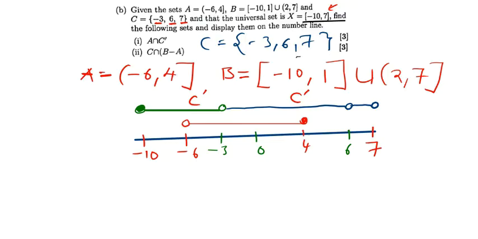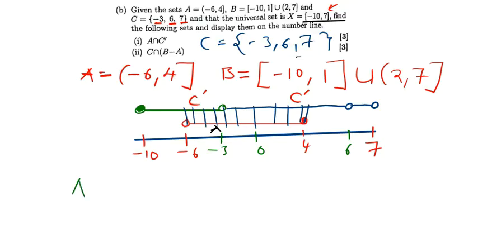So this is set A. Now for us to find the intersection, we just have to shade and see where they are overlapping. So this is shading now. We can see where they're overlapping. For something to be part of an intersection, it's supposed to exist in both given sets.